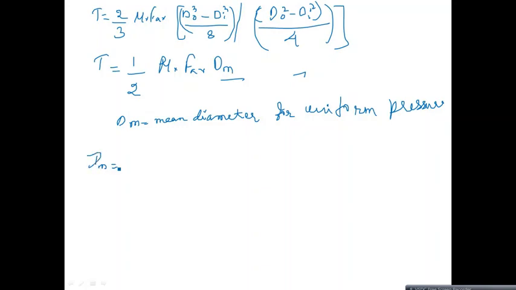Let us substitute. What will we get? T equal to 1 by 2 into mu into Fa into dm.